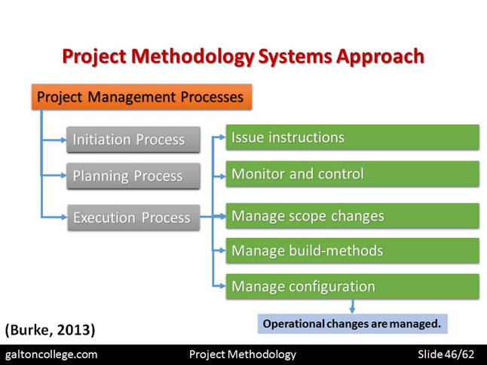And manage configuration. Operational changes must be managed. The project manager may have to deal with HR, human resource issues. The project manager may have to deal with faulty raw materials, or may have to deal with oversights in the planning system that allowed different components to come through which cannot be connected, or they're not compatible.